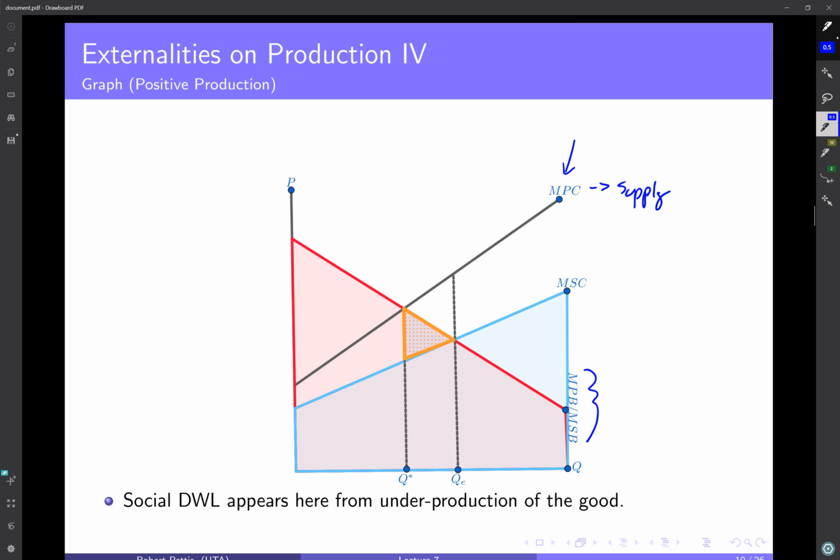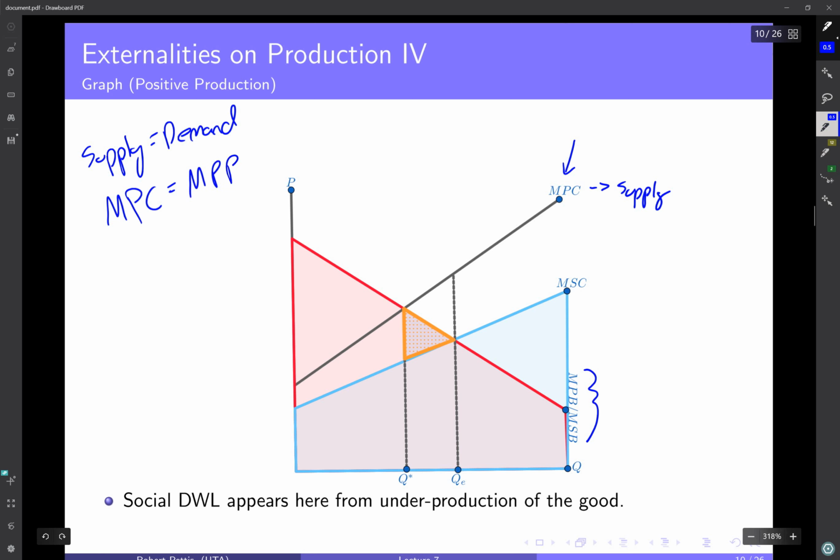First of all, we might wonder where the market outcome is. Again, market outcome is where supply equals demand, or in other words, where marginal private cost equals marginal private benefit. Where does that happen?